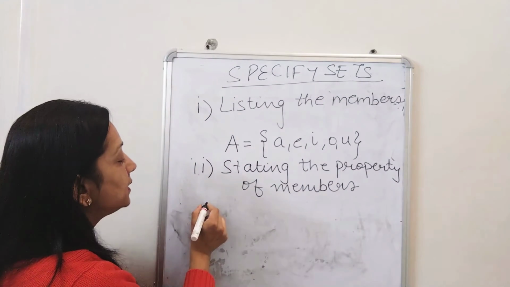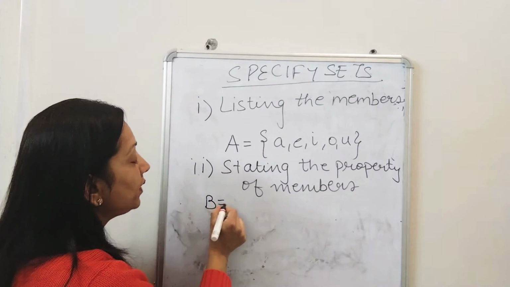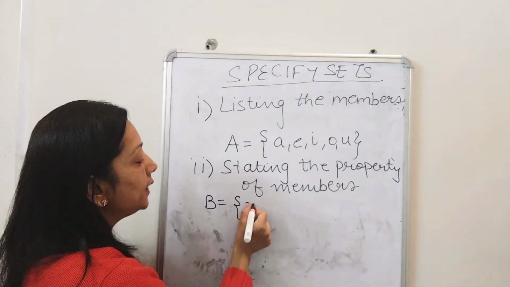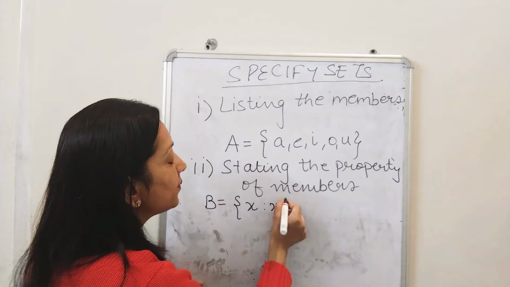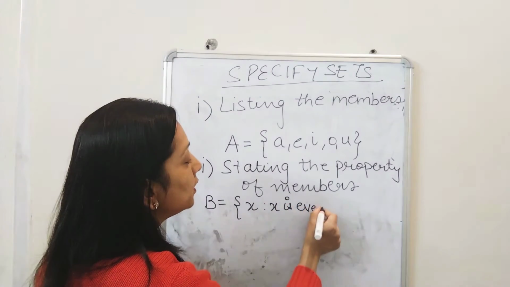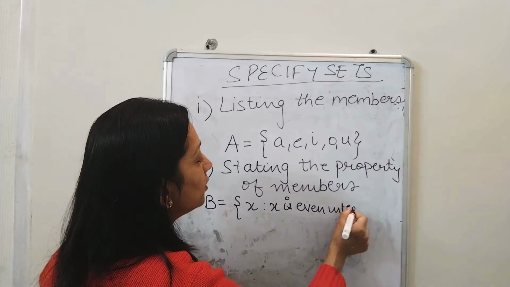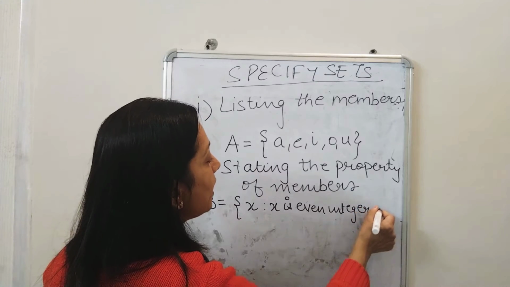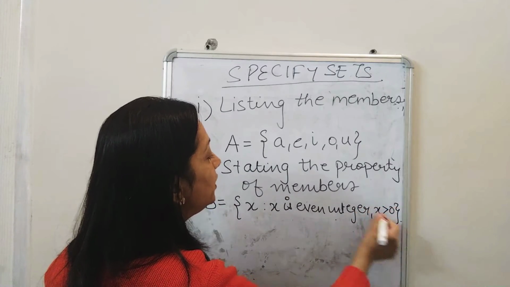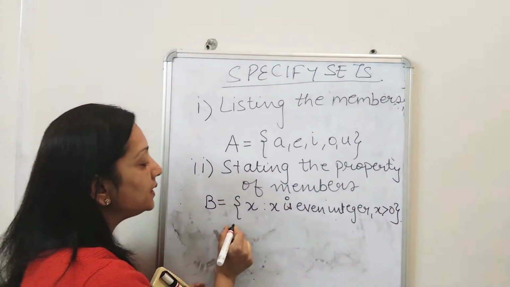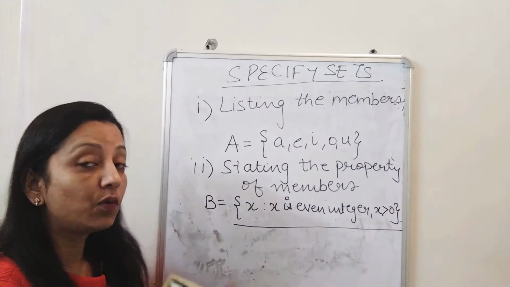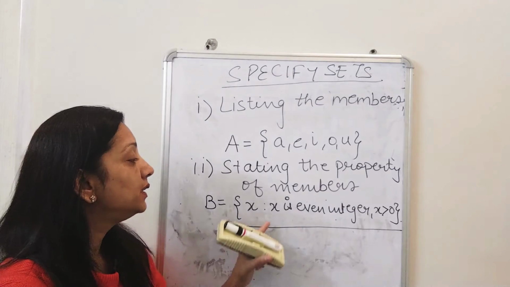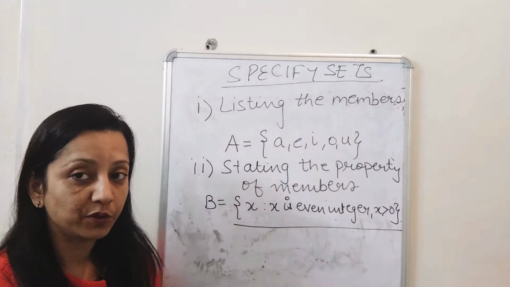For example, there is a set B. I say B is a set of X such that X is an even integer and X is greater than 0. So here you can clearly see that I have not listed out the members of this set, but I have stated the property of the members of this set.